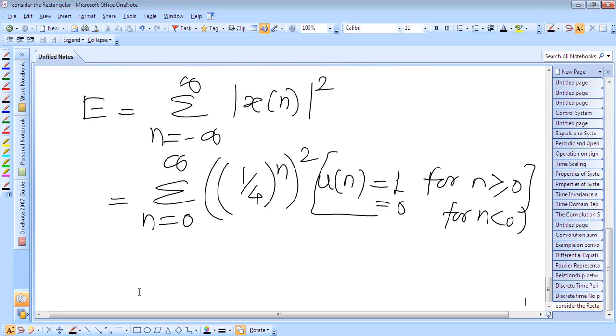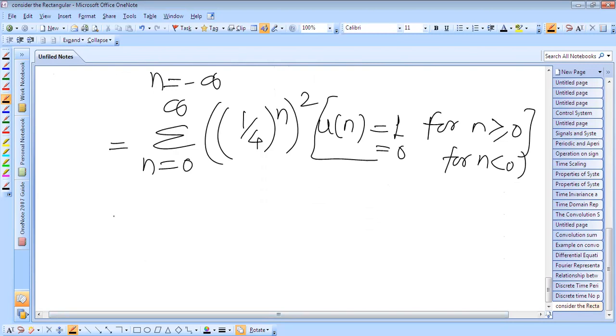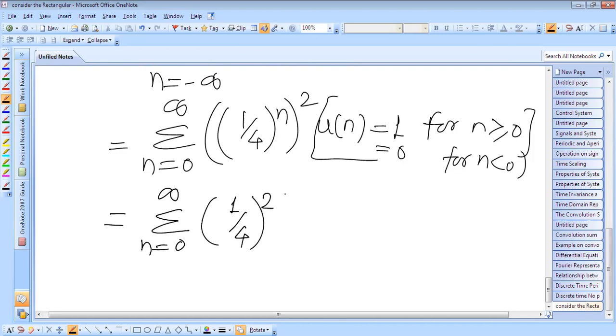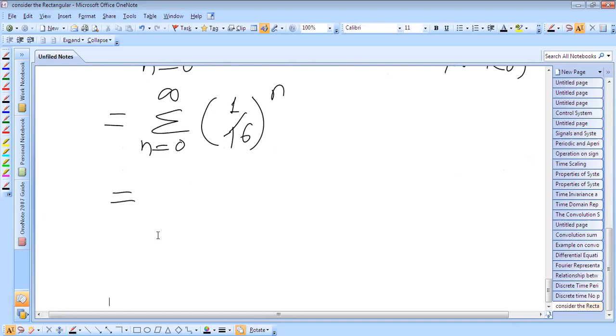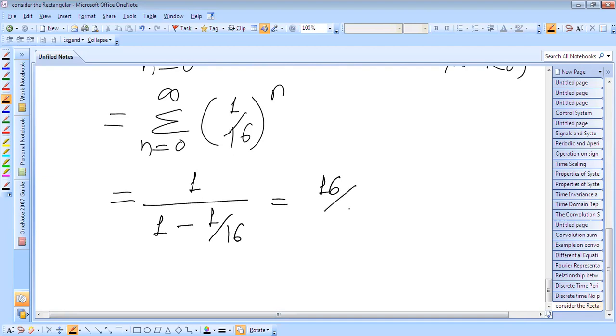So after putting the value of u of n equal to 1, this will become summation n equal to 0 to infinity of 1 by 4 square raised to power n, and therefore this is the standard form which we can write as 1 over 1 minus 1 by 16, and if you solve, this value comes to 16/15.